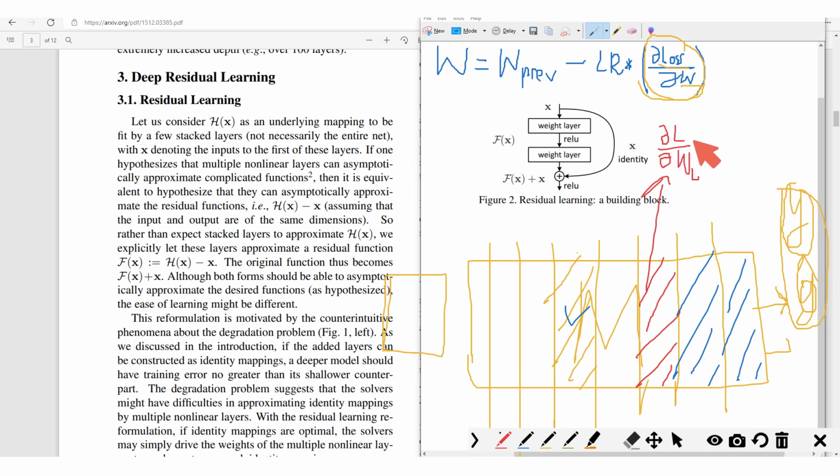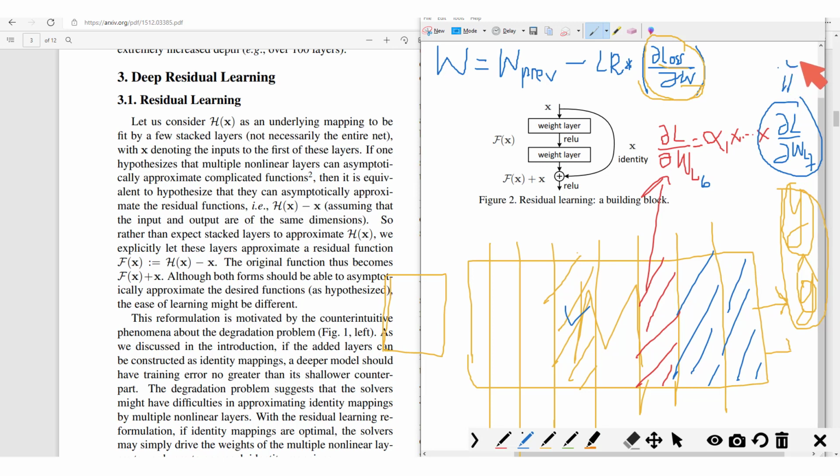Let's say the weight for this layer is equal to some value, let's say alpha 1, times this partial derivative of the loss with respect to these weights here. So let's consider that these are layers 1 2 3 4 5 6, then L6, and here we have L7, layer 7.